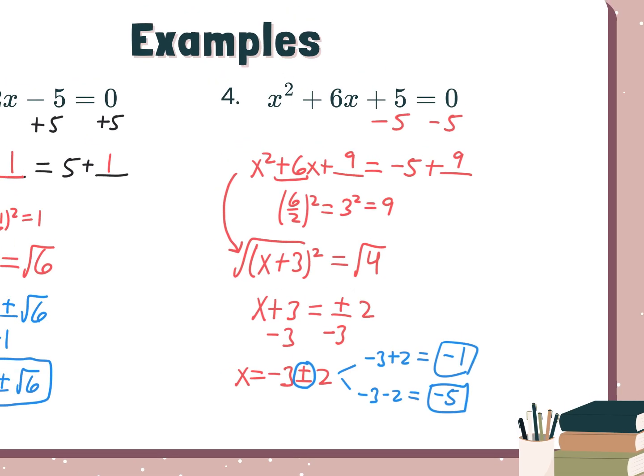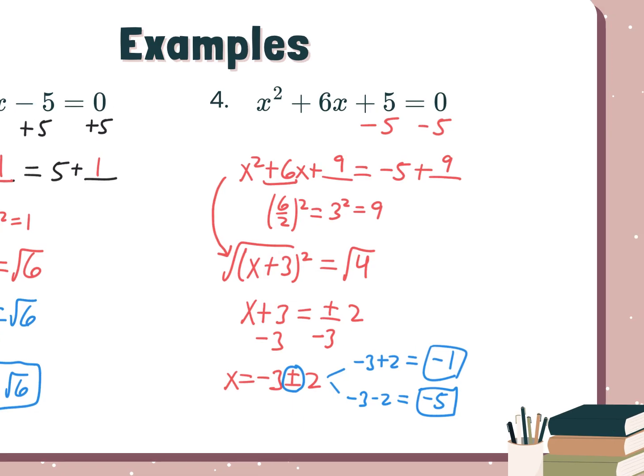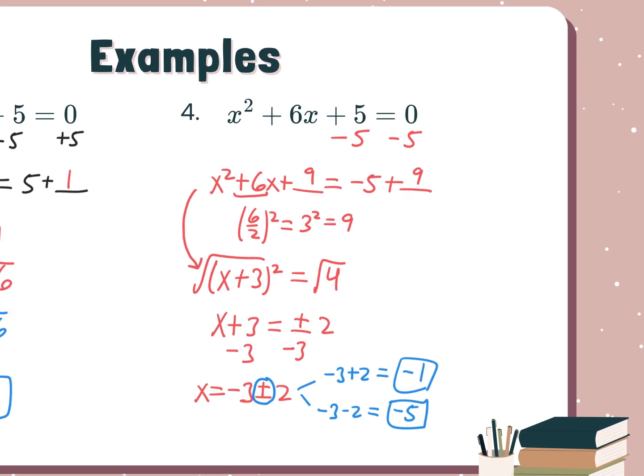What that means is maybe in the very beginning you could have factored this. Factors of 5 that add to 6 are going to be 1 and 5. So we could have done this entire problem without having to complete the square. We could have very simply just done x plus 1 and x plus 5 equals 0, and then x plus 1 equals 0 and x plus 5 equals 0.